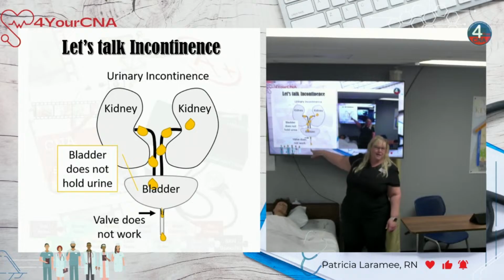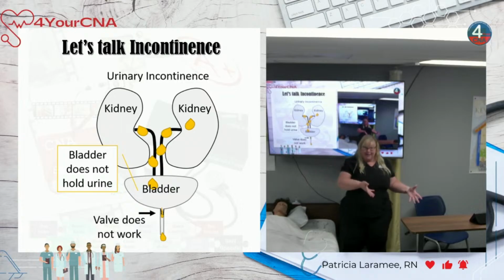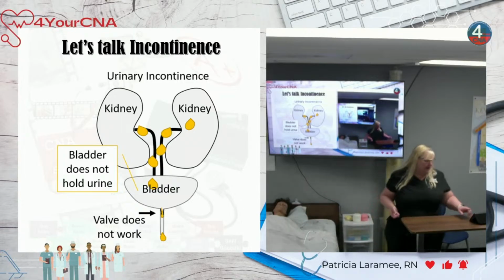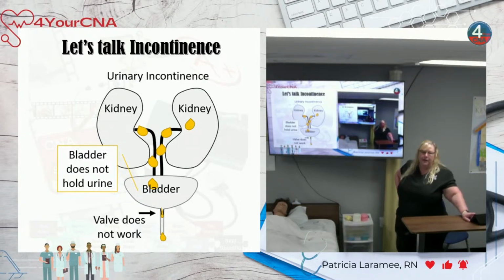So if we have an incontinent patient and we get them to the bathroom every 2 hours around the clock, we're exercising the muscle. And eventually it'll get stronger. And we can help an incontinent patient become continent again in some cases. This is called a bowel and bladder retraining program. And almost every one of my care plans has patients going to the bathroom every 2 hours.